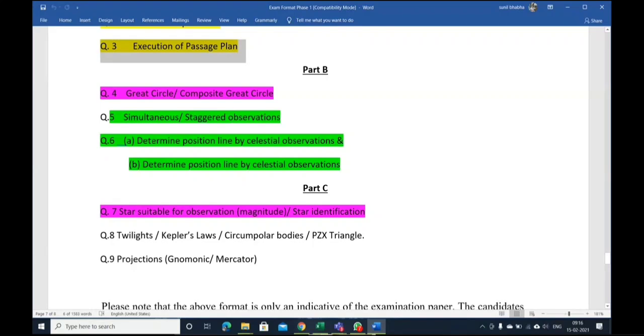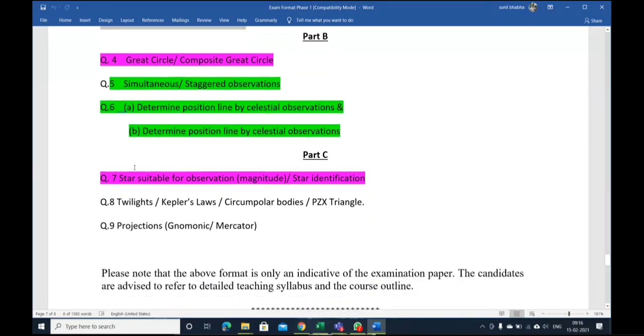Question number 6 is on determining position lines by celestial observation, which you have already done in second mates. Different methods: Marcq St Hilaire, long by chronometer, intercept, ex-meridian, Polaris. And question number 7 is on stars suitable for observation, and another topic this question could be based on is star identification.